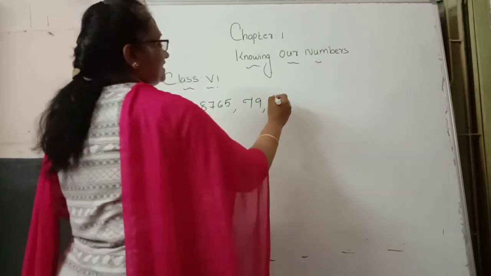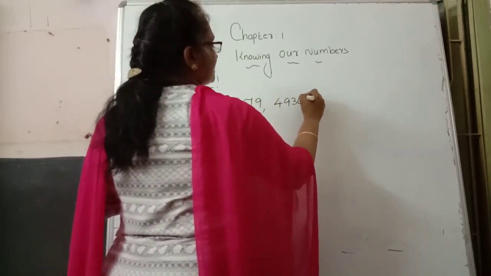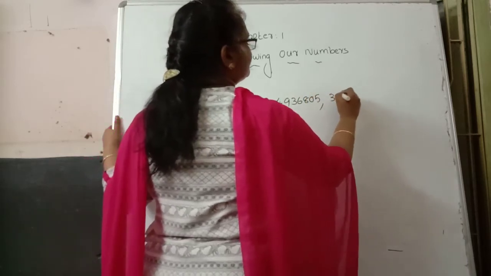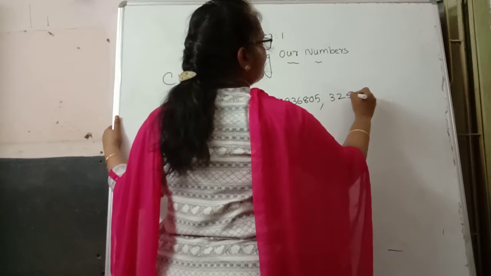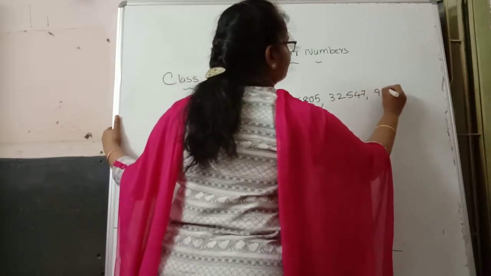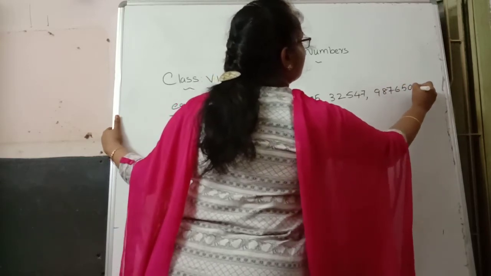Here is 79, 49,36,805. The next number is 2354 7, and the next number is 9876502.